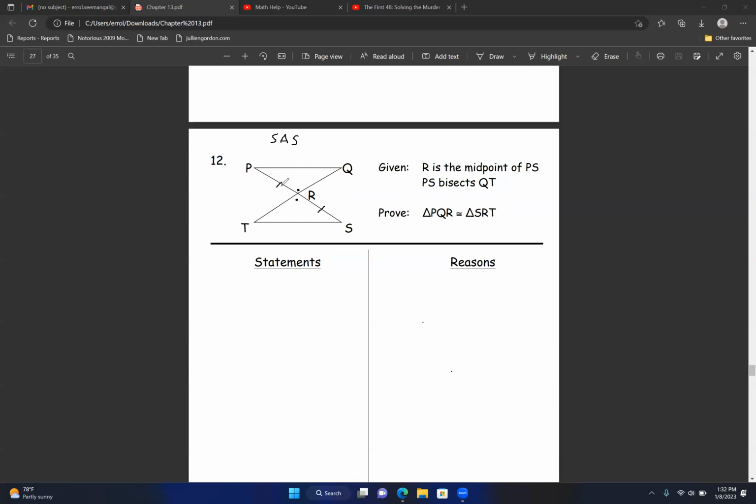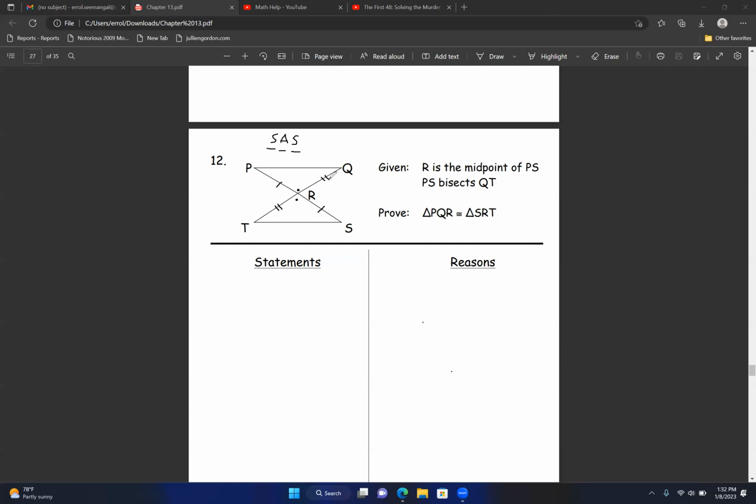Where's the other side? We have the side that's the midpoint. That's this one. We have the angle in between. Where would this side be? Is it TR and QR?